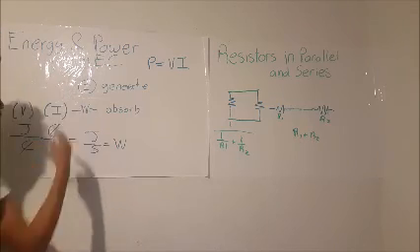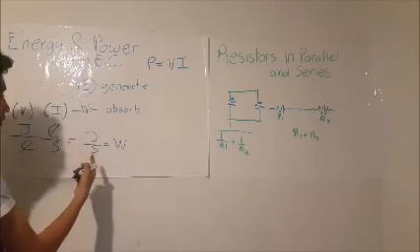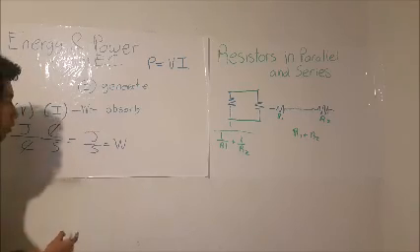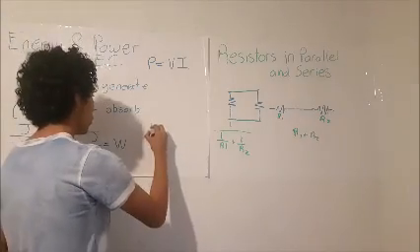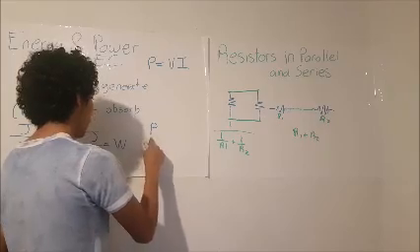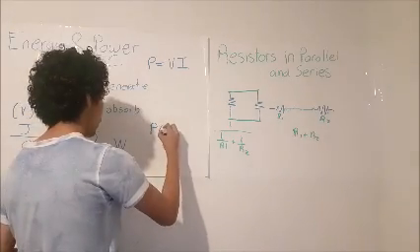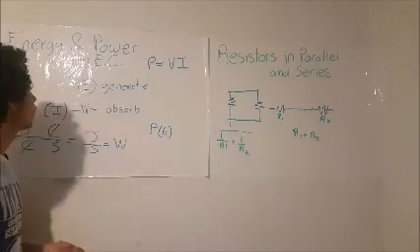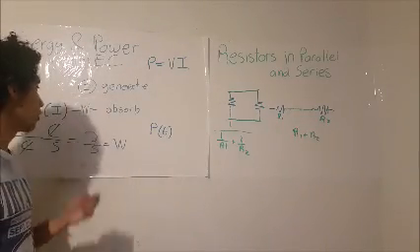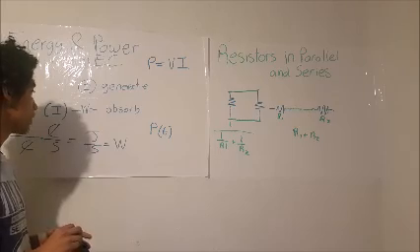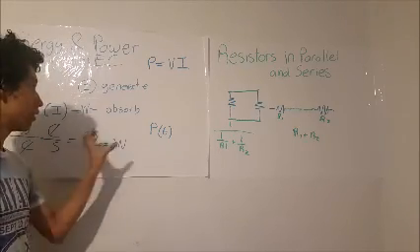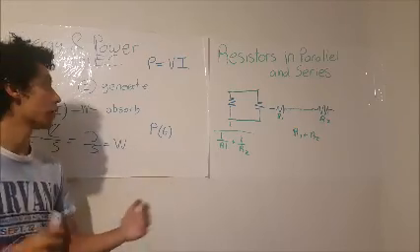And now to get the energy, since watts is joules over second and we need the joules, we just multiply the power times the time. Energy means power over a period of time.